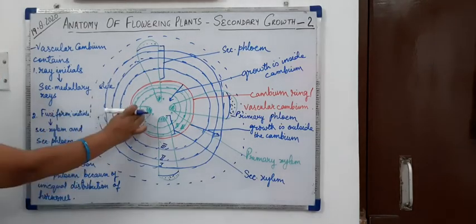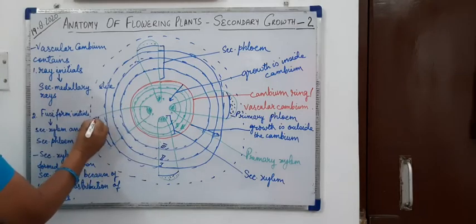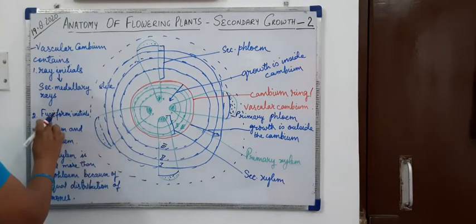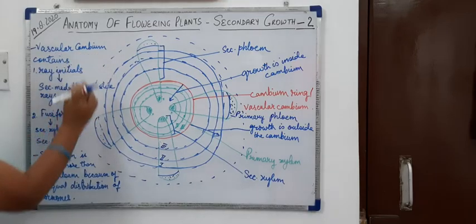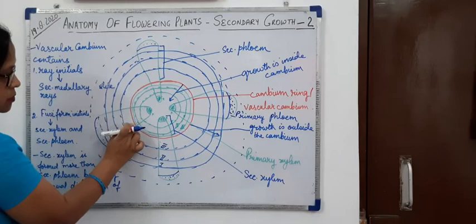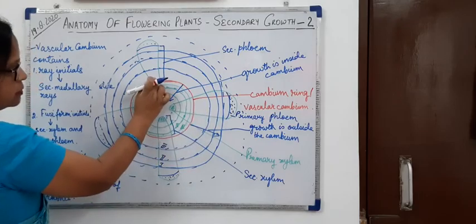So these secondary xylem and secondary phloem are formed by the activity of the fusiform initials of vascular cambium, which will be here. Fusiform initials will be here, here, and here, and here.